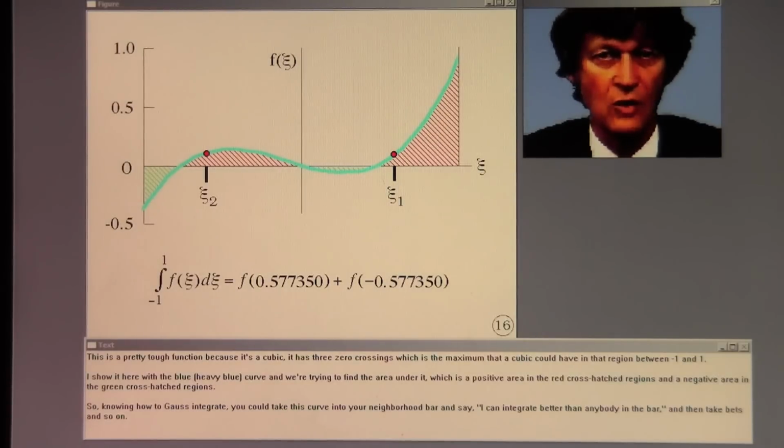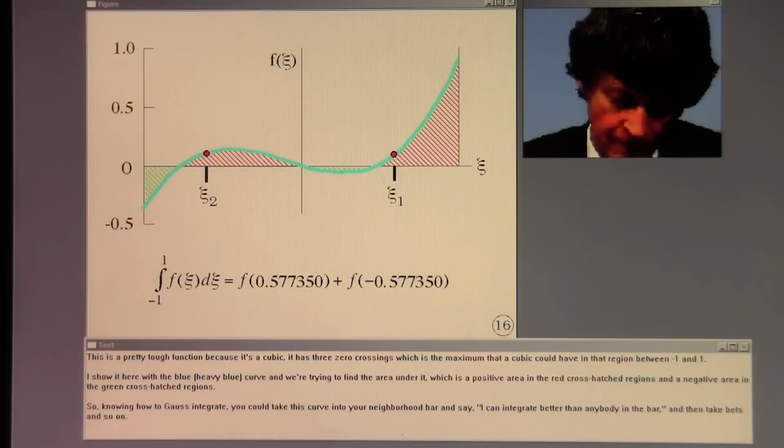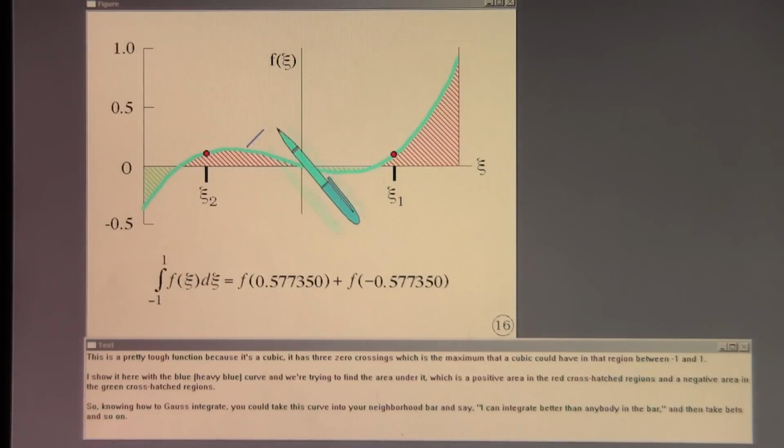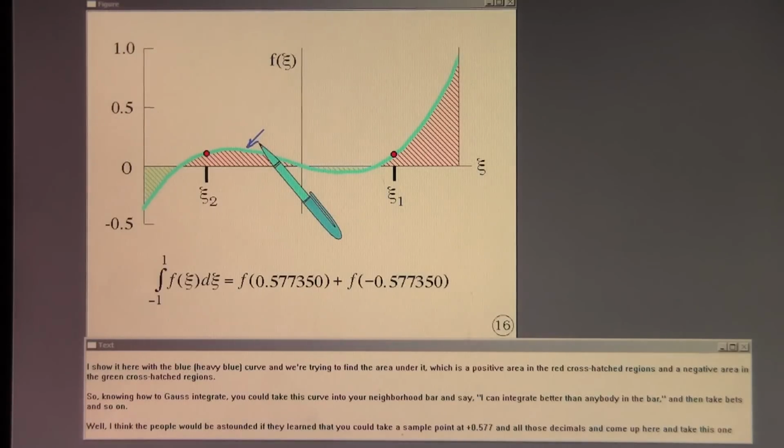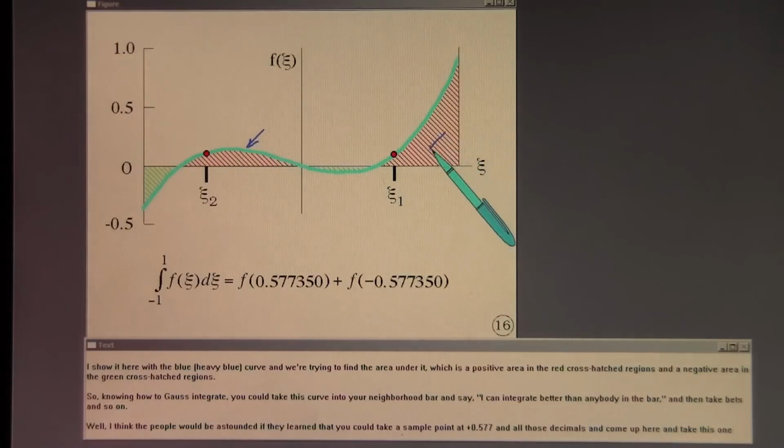It has three zero crossings, which is the maximum that a cubic could have in that region between minus 1 and 1. I show it here with a heavy blue curve, and we're trying to find the area under it, which is a positive area in the red crosshatched regions and a negative area in the green crosshatched regions.